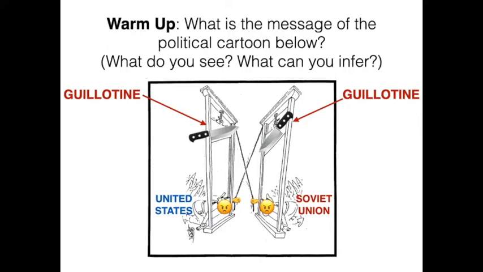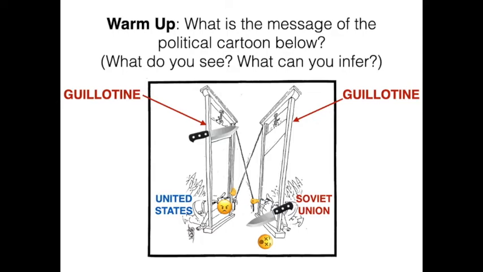So let's suppose the United States lets go of its rope. The rope is free, the guillotine drops, cuts off the Soviet Union's head. The Soviet Union is now dead. However, when the Soviet Union sees that the United States let go of their rope, they're probably going to let go of the rope they're holding onto.